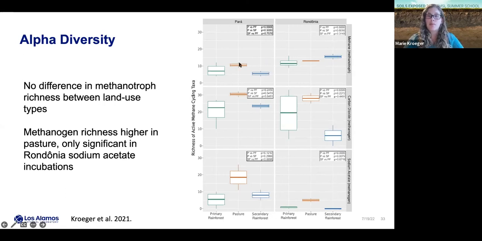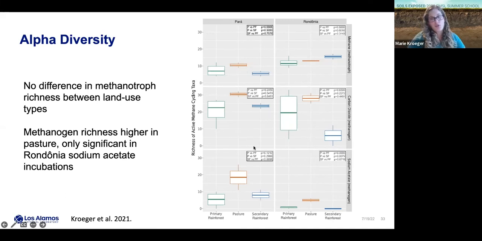The top row is methane, meaning we're focused on the methanotrophs. The middle one is 13C CO2, and the bottom is 13C sodium acetate. For the top one, there's no difference in either site between land use types for methanotroph richness.